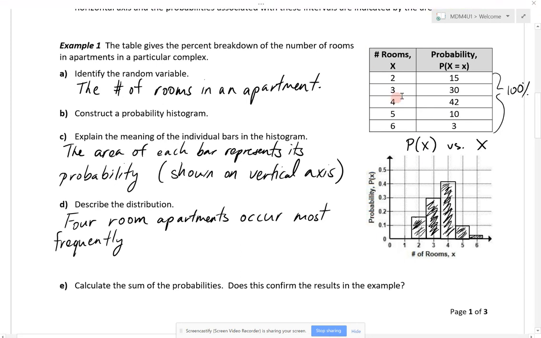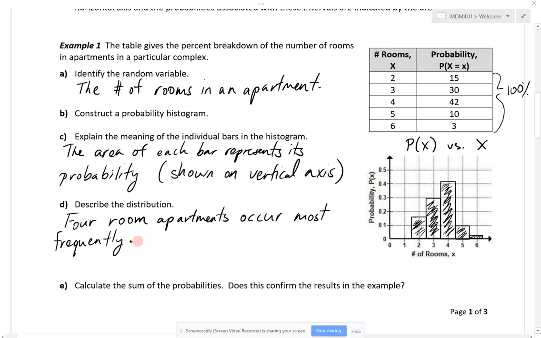Just imagine there's 100 apartments in this complex. Well, 42 apartments would have 4 rooms in them, right? But it just speaks to looking at this as a probability problem too. It's the same thing as saying 42% of the apartments are 4 rooms. So 4-room apartments occur most frequently.